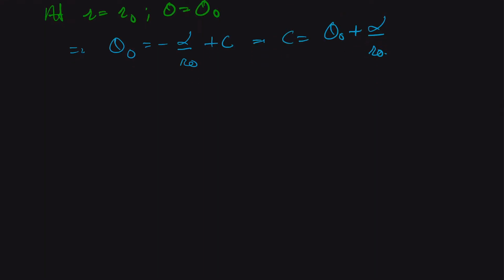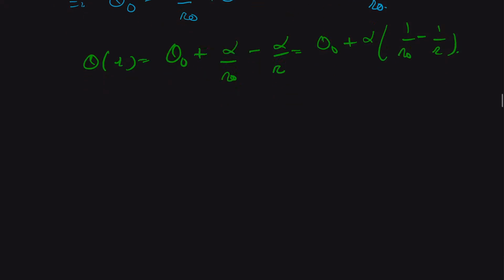Therefore, we substitute for our constant c, we get theta of r is equal to theta naught plus alpha upon r naught minus alpha upon r, and you can say that alpha we can take as common, so this becomes 1 upon r naught minus 1 upon r, and we can substitute the value of alpha.